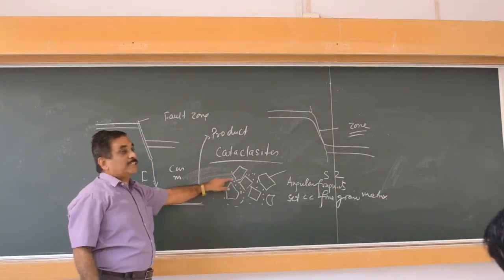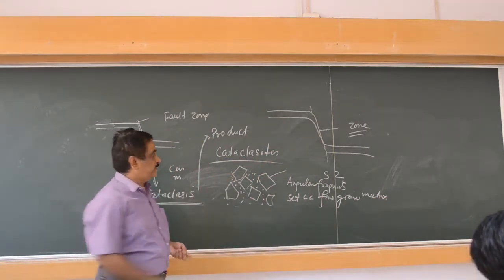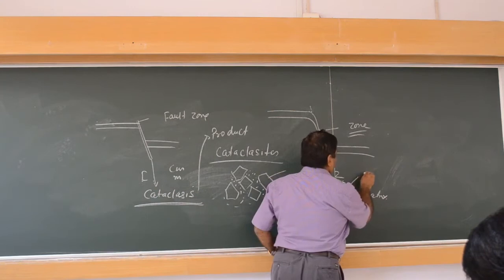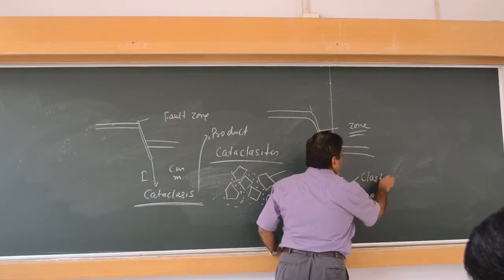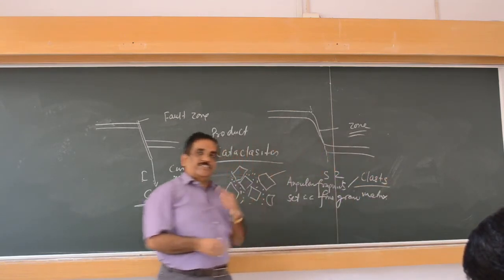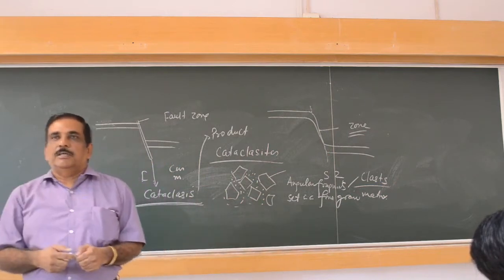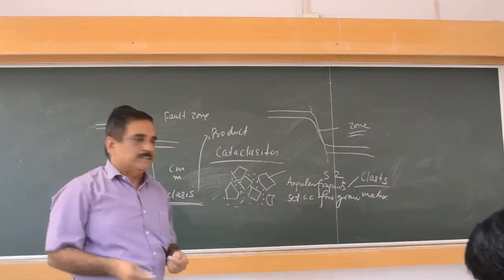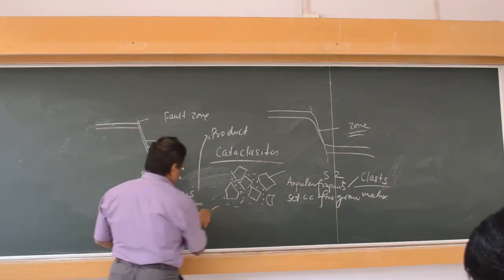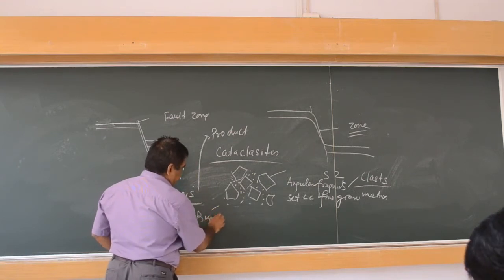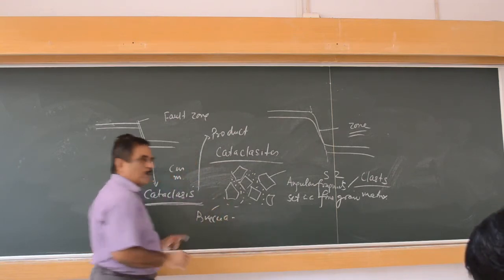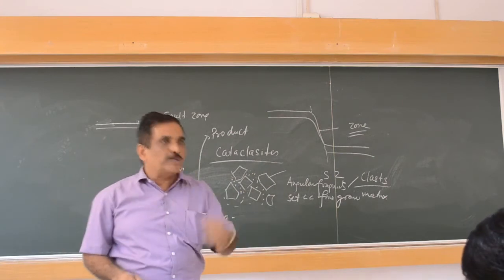So these are angular clusters, angular fragments. Angular fragments are called angular clasts, C-L-A-S-T. It has a name called breccia. You can say it is also breccia. Sometimes the clasts are a little rounded also.